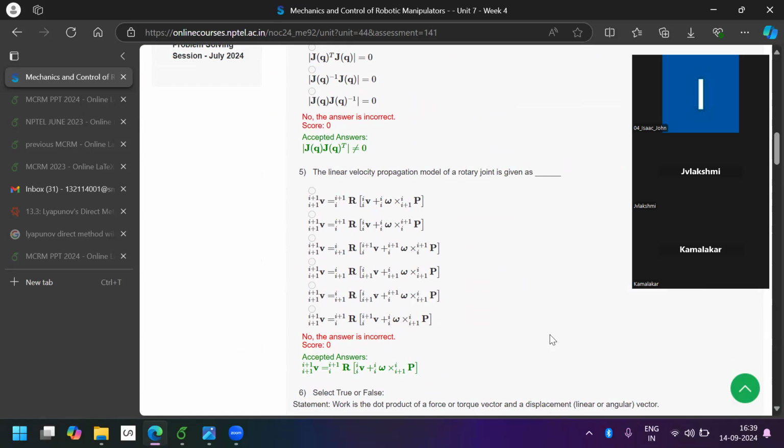Because in this case, any link actually will have two ends, right? For example, if this is link I, the frame that is always going to be fixed at the link I is always going to be at this point. The direction is not clear, sir.